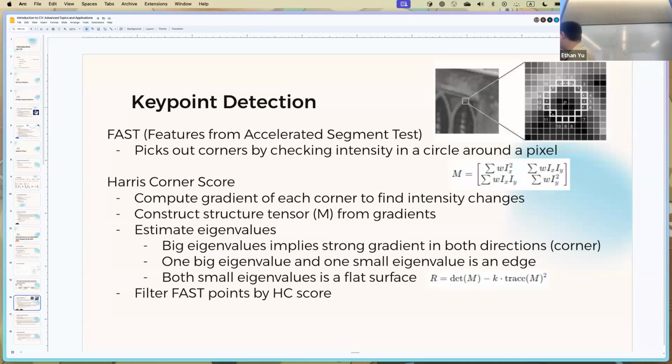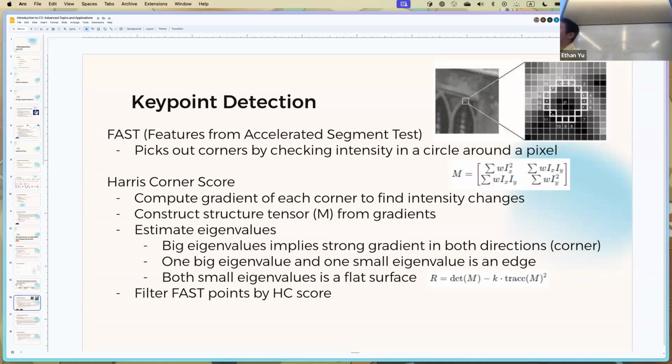If you have one big and one small, then your determinant will not be as big. It'll be limited by the smaller one, and the trace will be limited by the bigger one. I don't know, have you guys learned this? Okay, cool. So in that case, you get R.